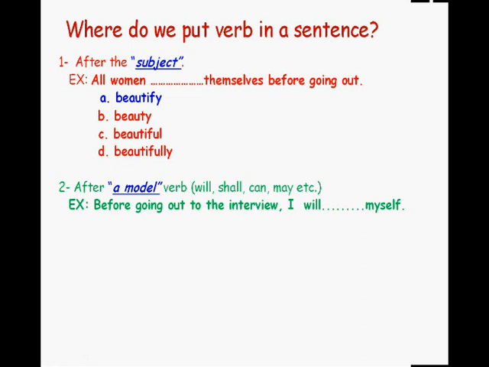So the example we have here is, before going out to the interview, I will myself. Okay? So here the modal verb is will. And so what to put after it? We should put a verb. Let's choose.